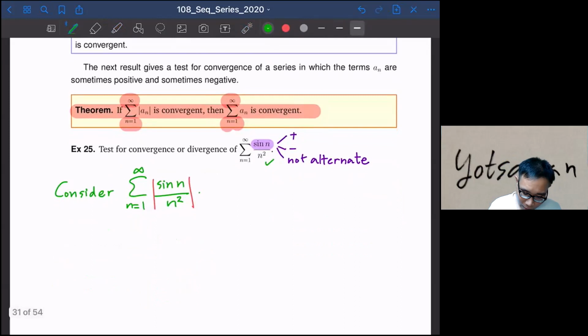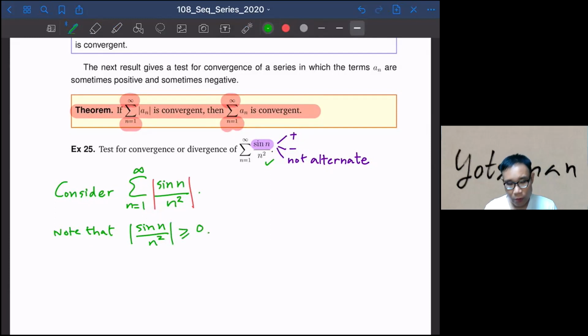Let's try. How would we use this? Note that we can conclude that sine n over n squared, with the absolute value, is positive, so it is greater than or equal to 0.